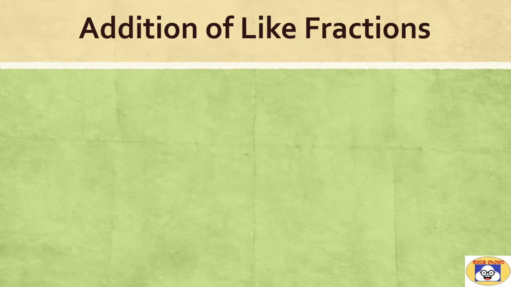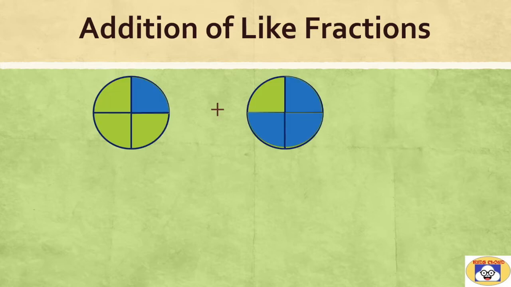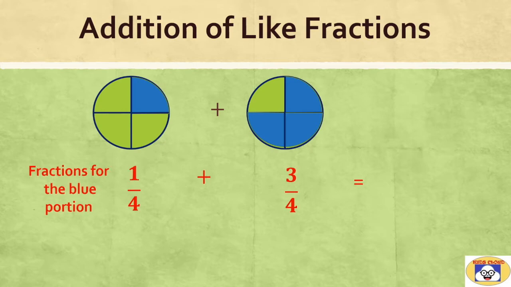Here is an example of the addition of like fractions. Fractions for the blue portion are shown below the respective circles. In this example, the fractions 1 by 4 and 3 by 4 share the same denominator 4.